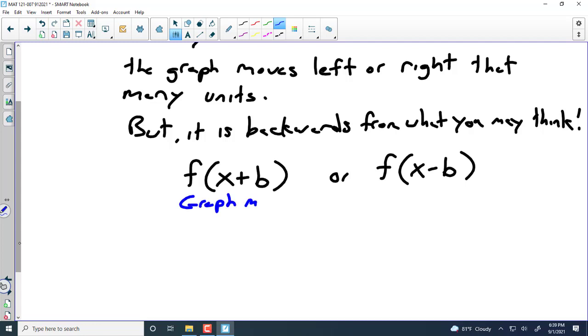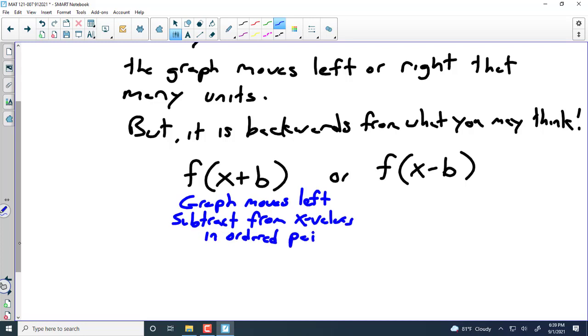The graph moves left when you add a number, and you subtract from the x values in the ordered pairs. If you add a number, you're actually moving the graph left, which does seem backwards to most people, and you would subtract a value from all the x values in the ordered pairs.